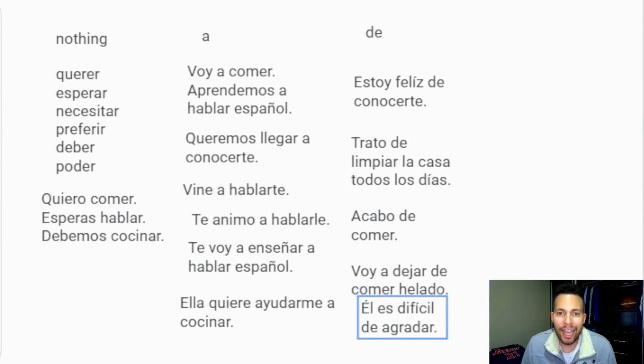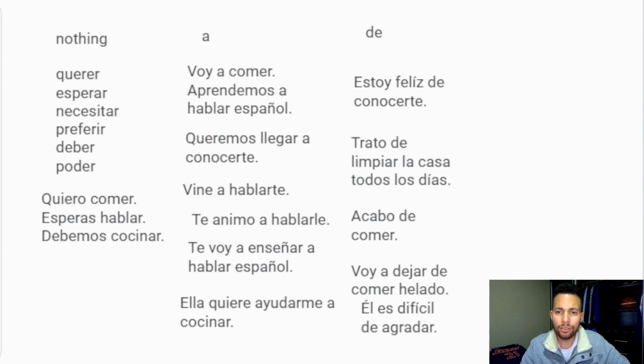So with this de section, I don't really recommend trying to think of some sort of guiding principle or rule that really explains what's going on here as much. It would be better to just kind of memorize individual ideas. Sometimes Spanish gets to that point.